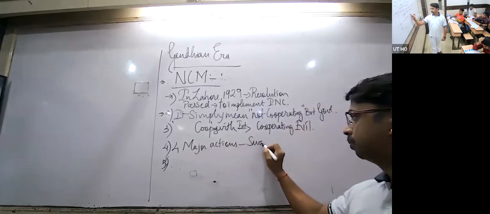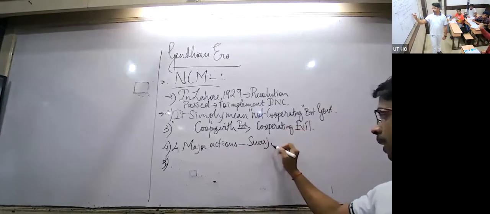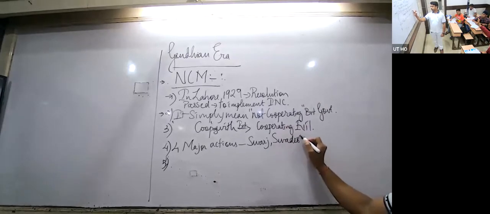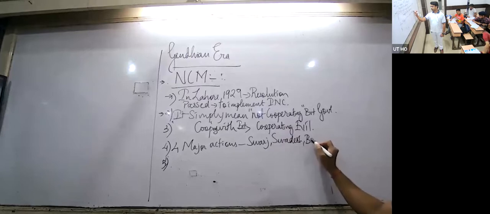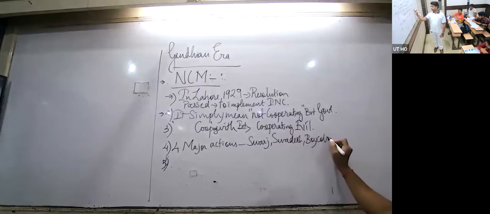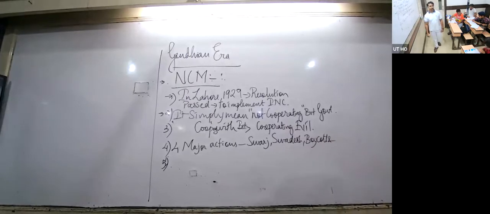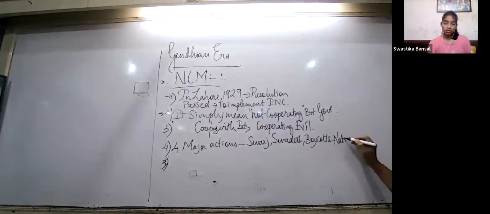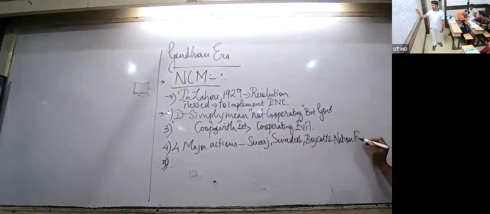Swaraj, Swadeshi, Boycott, and fourth one? Come on, fourth one. Who can give me? Sir, prohibition. No, national education. Stop going to the British school. Go only to Indian schools.